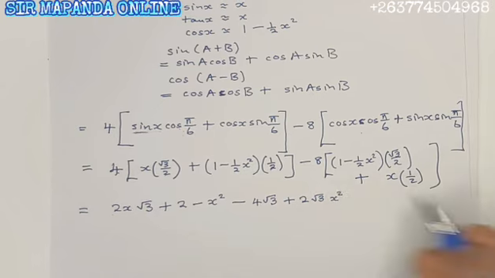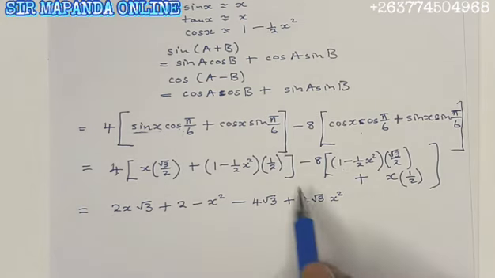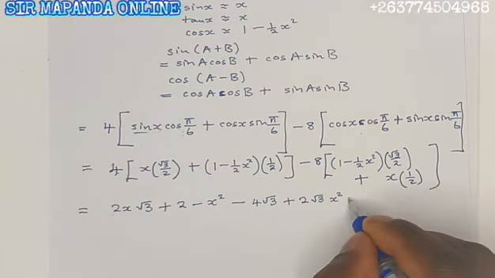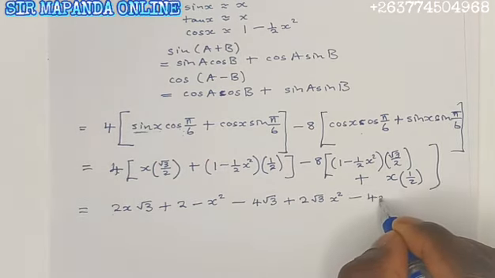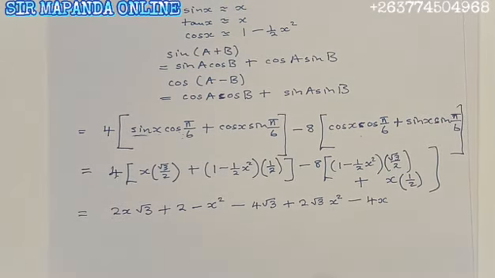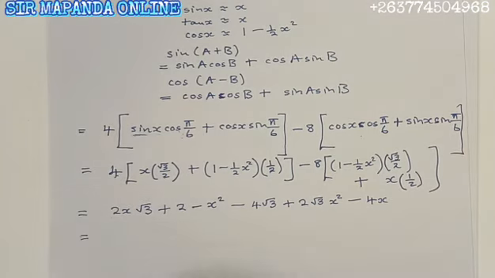Then you put x squared. So we are done with this first bracket. Here I'm now multiplying minus 8 with half x. You get minus 4x.